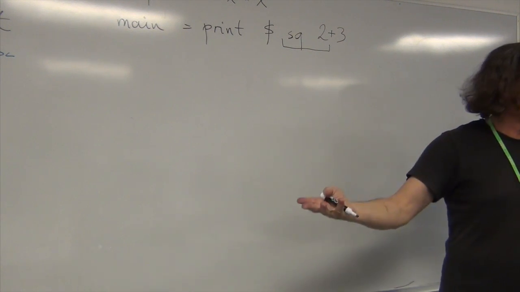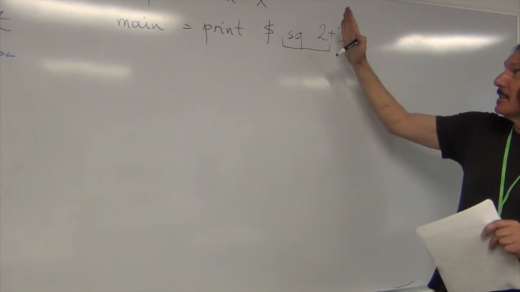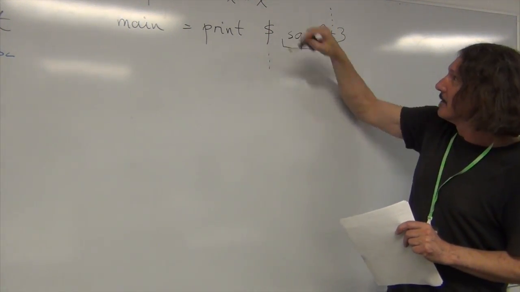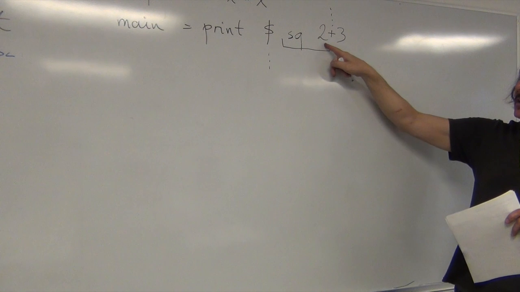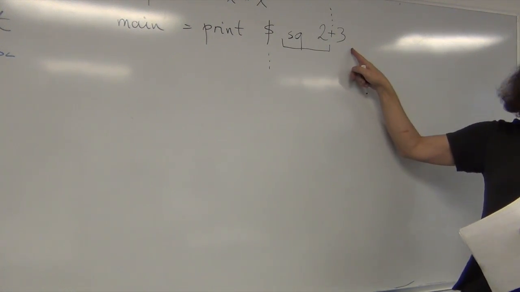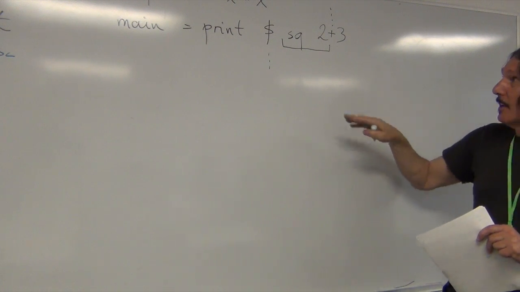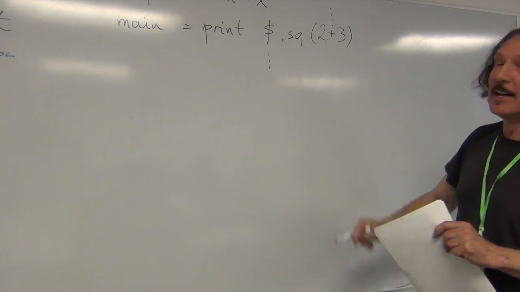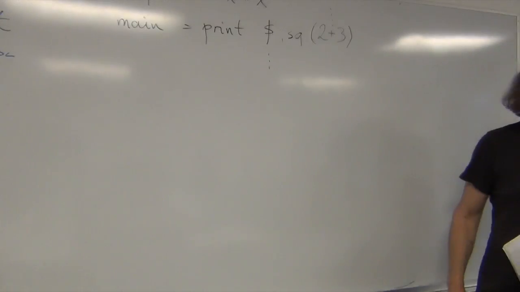Operators have lower binding, so it just separates the stuff on these operators. So we'll calculate square of 2, which is 4, plus 3 is 7. So correct, right? Now we probably meant this, right? That makes more sense.